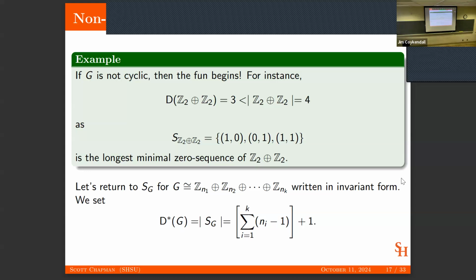I'm going to call that D star of G. And you know enough math at this point to be suspicious. If I'm calling this D star, this is probably different than D of G, or I'm going to prove that they're equal, one of the two things.